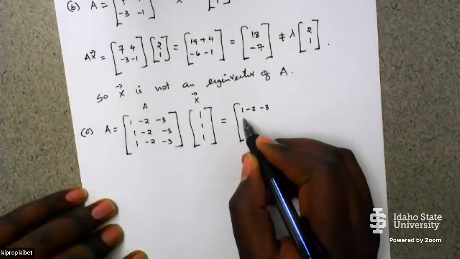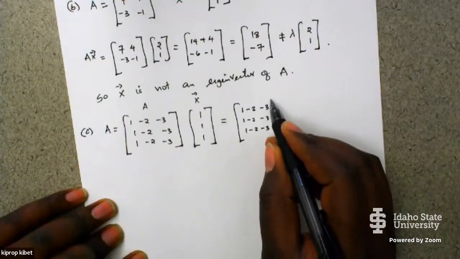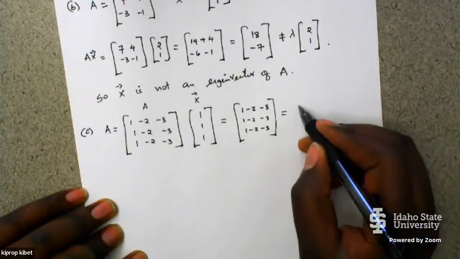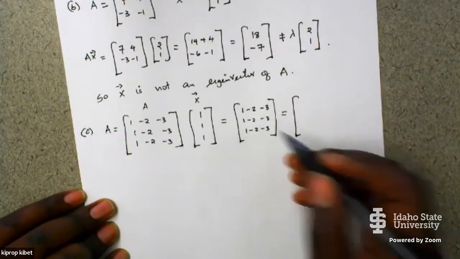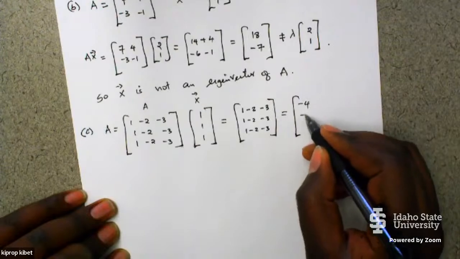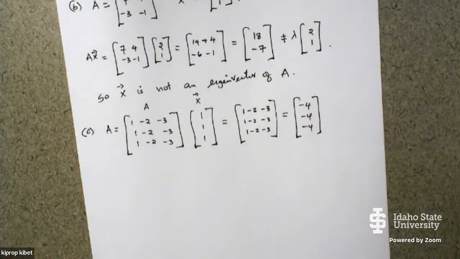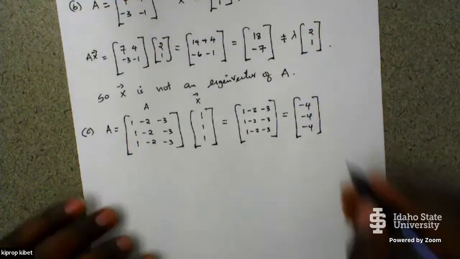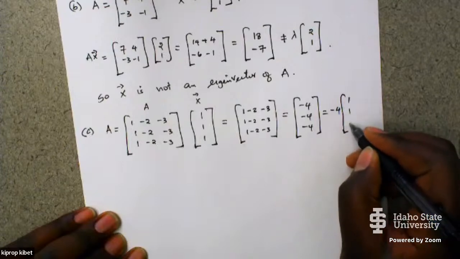Again, the same thing for each row, 1 minus 2 minus 3. So 1 minus 2 is minus 1, and we get minus 4, minus 4, and minus 4. So this is equal to minus 4 times [1; 1; 1].